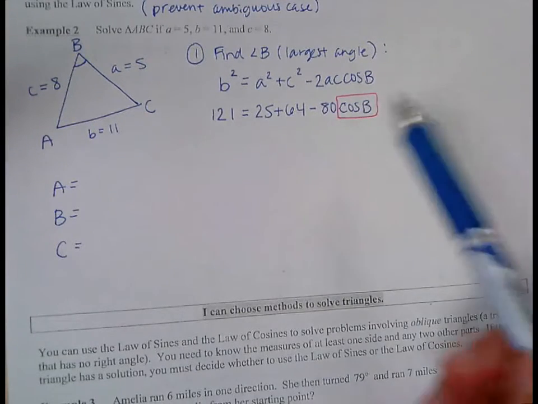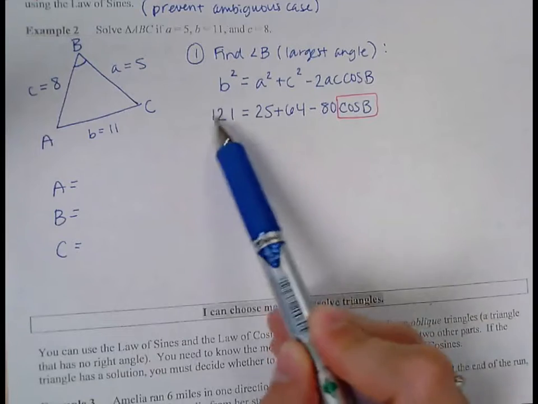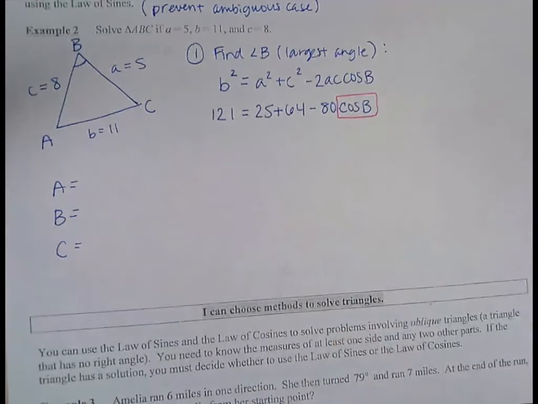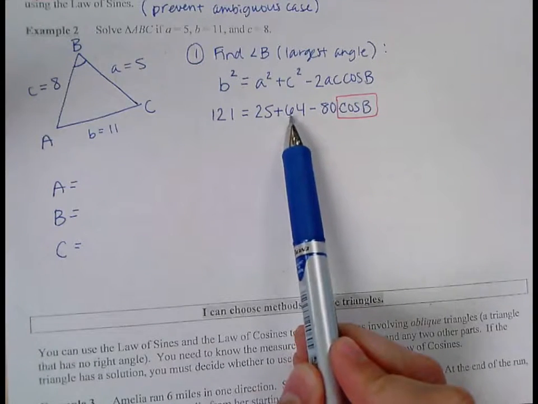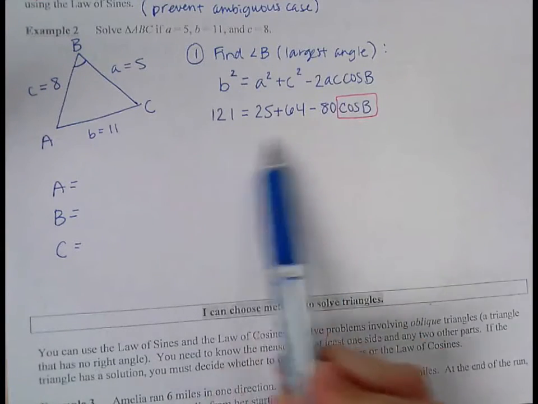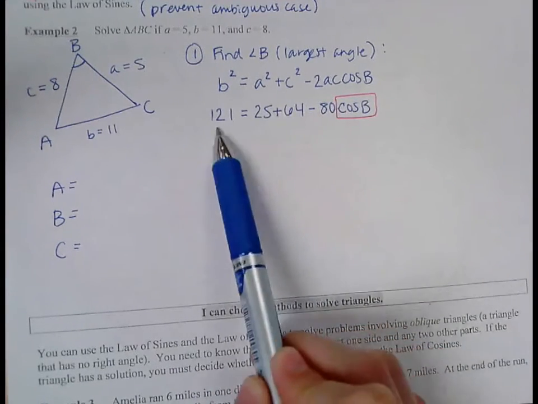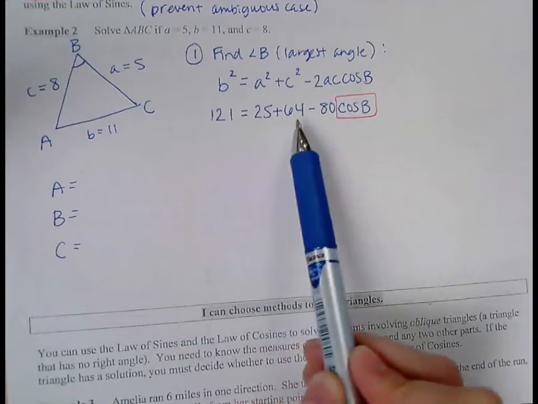I see what you're saying, bring this over and the 121 over. So I could do that, or rather than switching these, I could just bring these over here rather than switching the two sides.